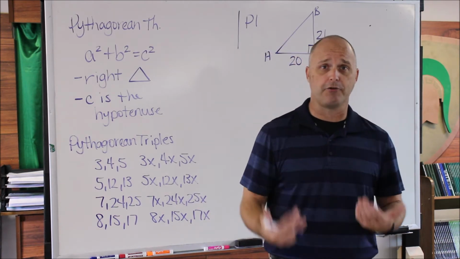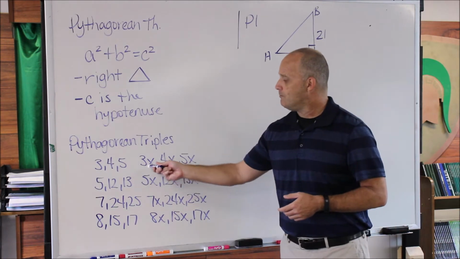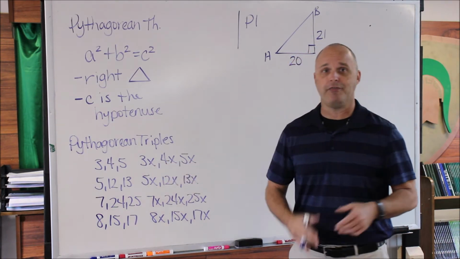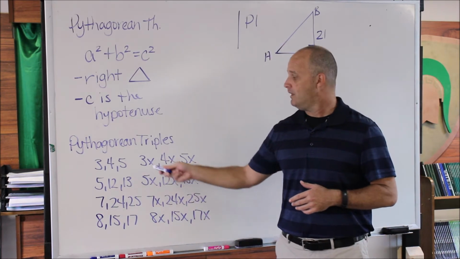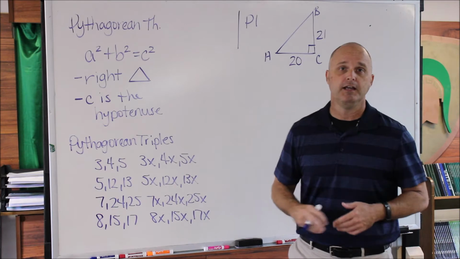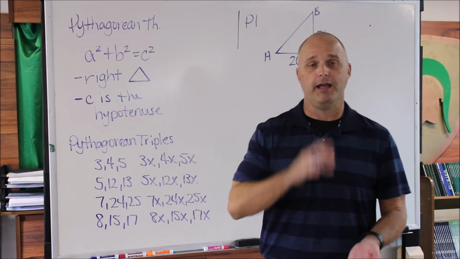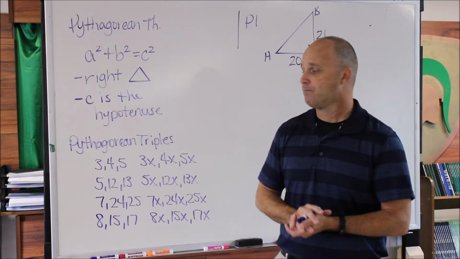So that would be another Pythagorean triple. So you can multiply these by the same number and they're always going to be Pythagorean triples. So if we do these by 10, 30, 40, 50 is also going to be a Pythagorean triple. It's always going to work out that way.